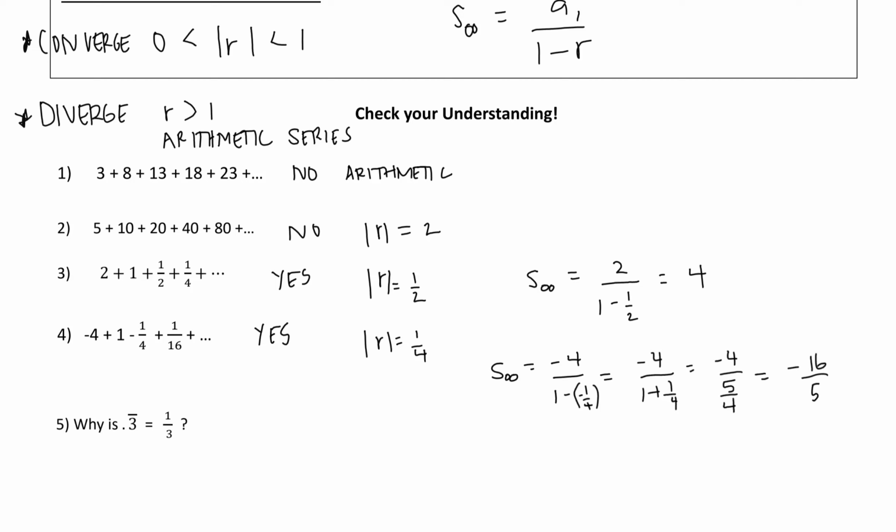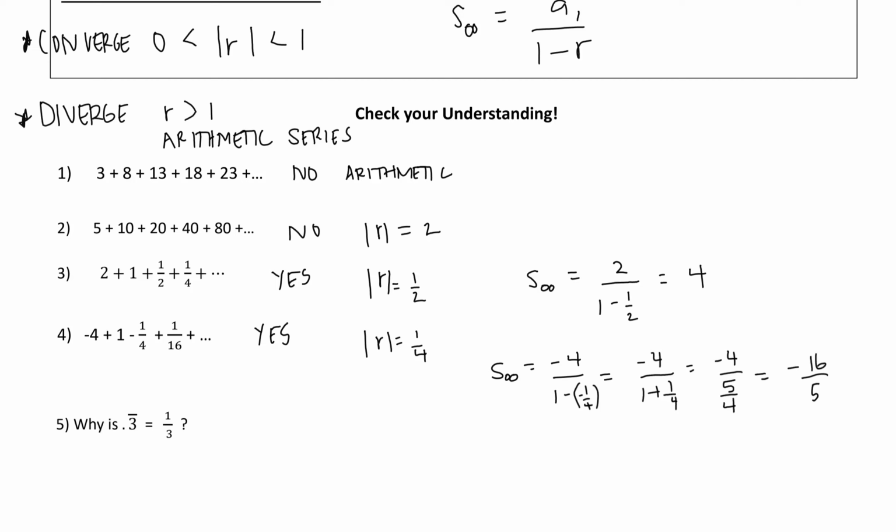All right, for 4, the r value is technically a negative 1/4, because it's going to be multiplied by negative. But when we figure out if it converges or diverges, we always talk about the absolute value.